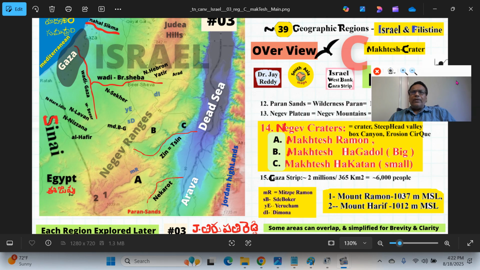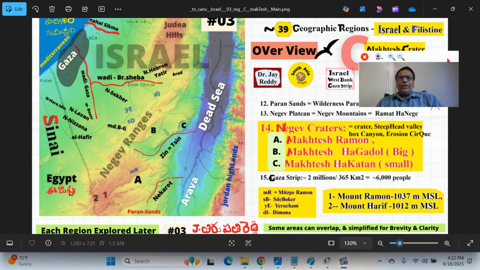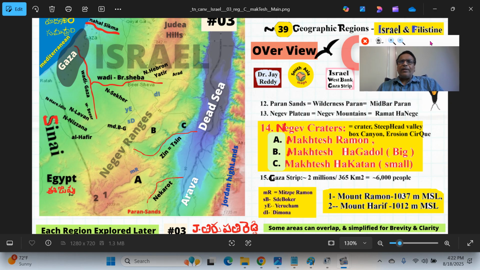And Israel part C. There is the Paran Sands, or wilderness of Paran, or Midbar Paran. Remember, these terms are Hebrew terms, Arabic terms, and so on. This is the southern part here, Paran Sands.